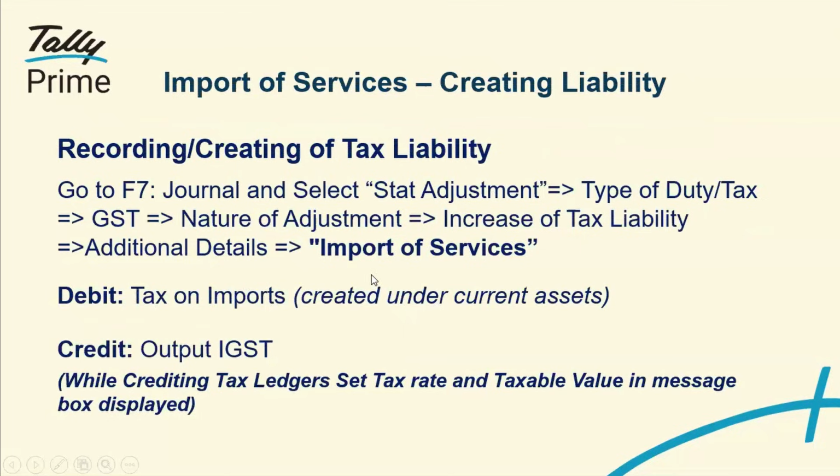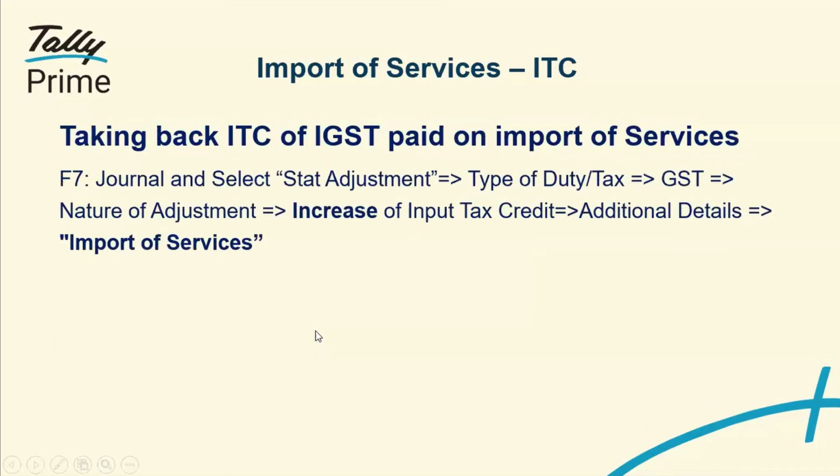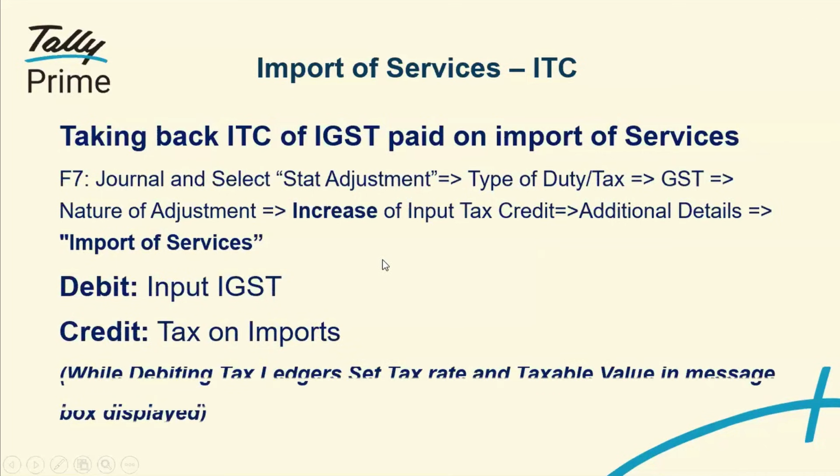Then taking back the input credit, I put the entry like this. This is similar to the reverse charge mechanism. Two types of work have to be done: creating the liability and then taking back the input tax credit. There the option is purchase under reverse charge; here the option is import of services, under increase of liability as well as in the ITC.